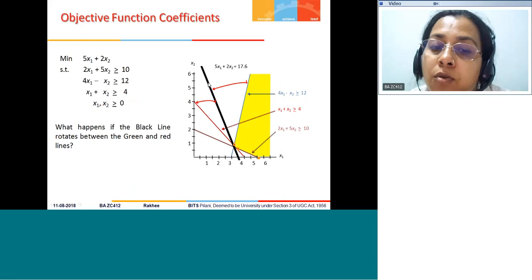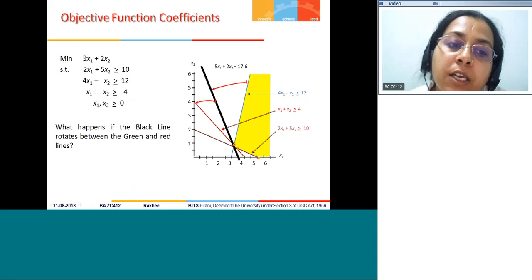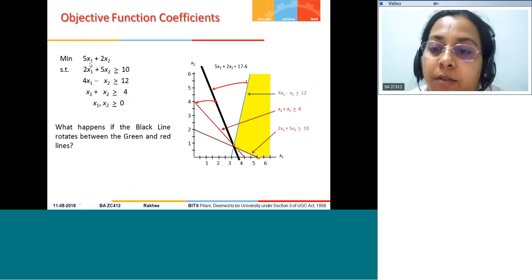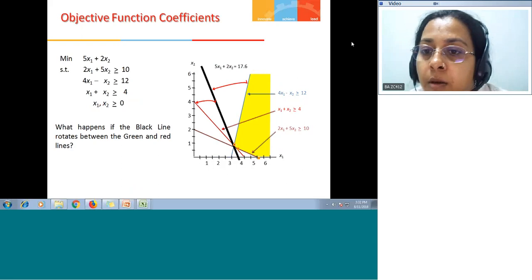Similarly, if you rotate on this side up to this right line, there will be no change in objective function value. So this is the way how graphically you can look for the changes in objective function coefficients. So if we are saying this is cost related to x1 and this is also cost related to x1.